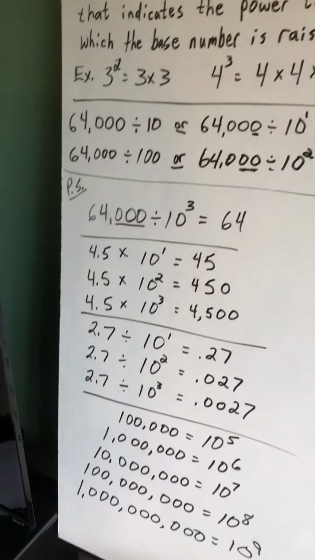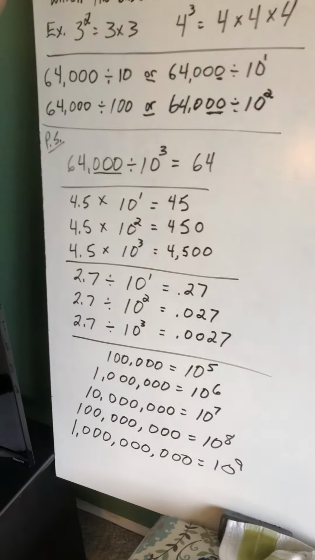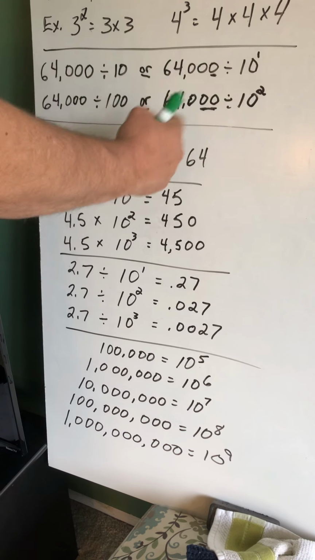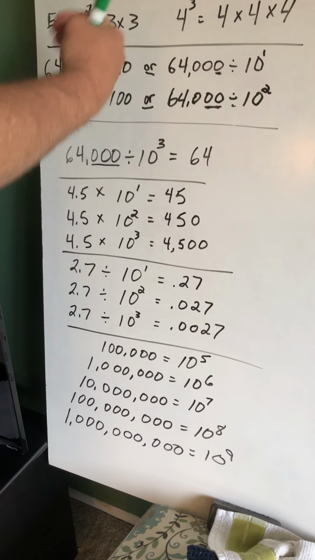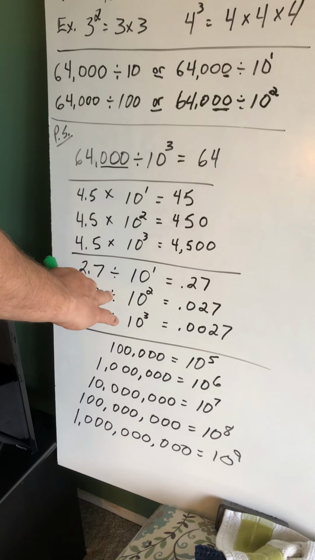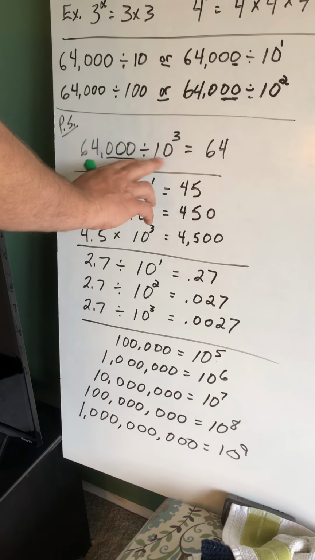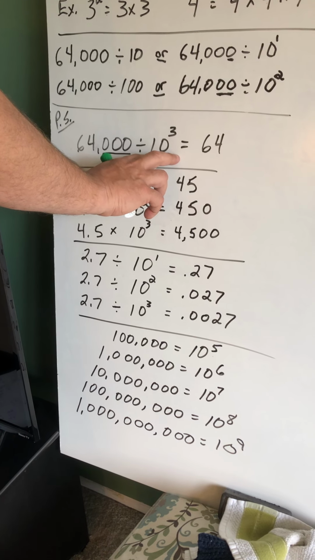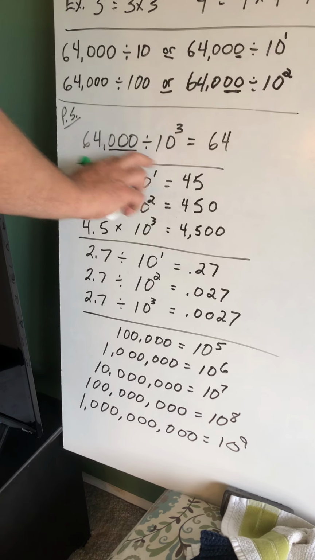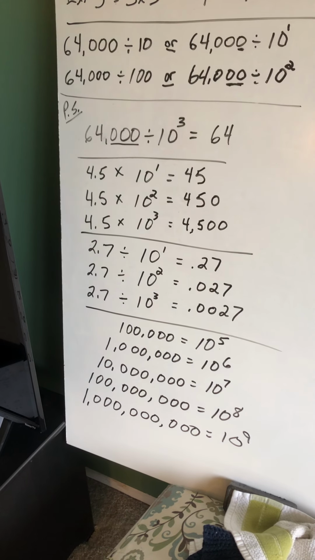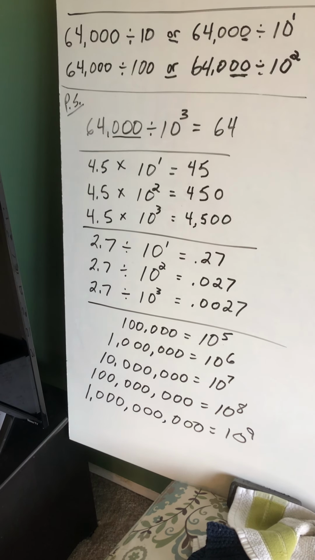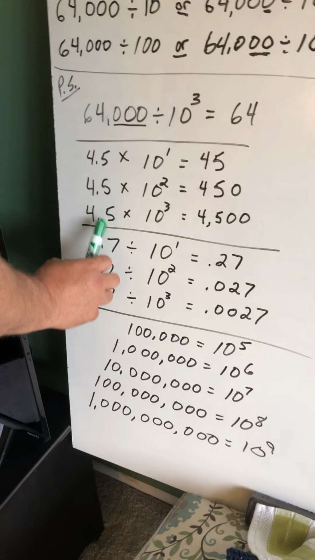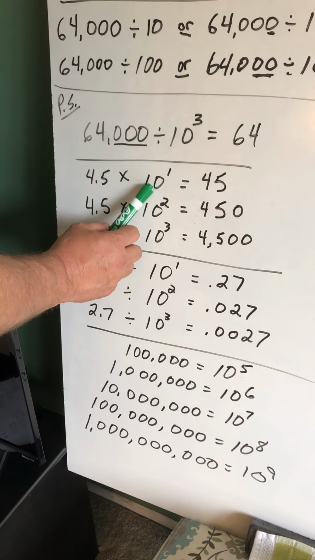Part of the problem string for this section also started with 64,000 divided by 10 to the 3, so it was one more from that. But this was in the book as a problem string. So if you're dividing by 1,000, which is what 10 to the 3 is, you're taking 3 zeros off, so that's 64, okay?